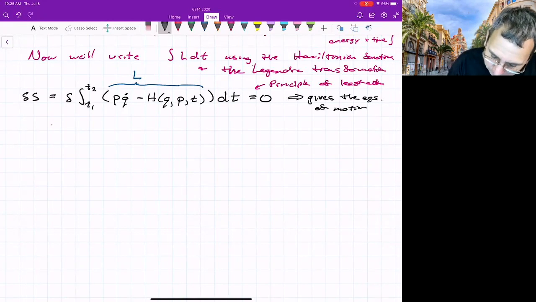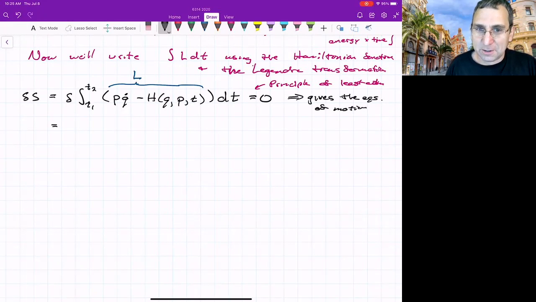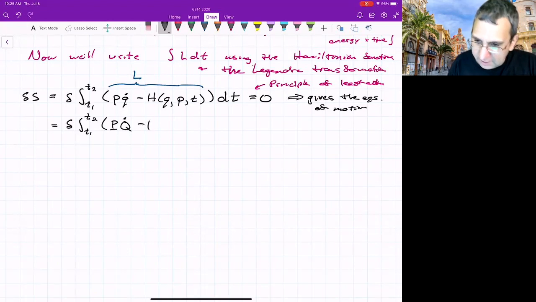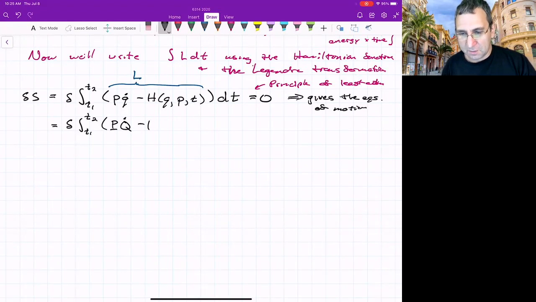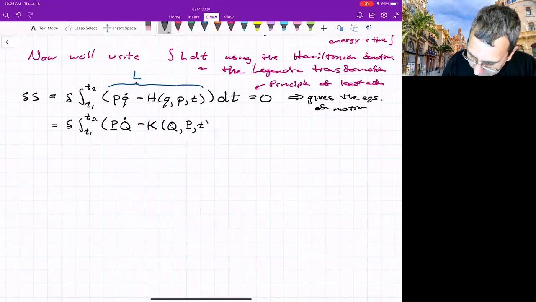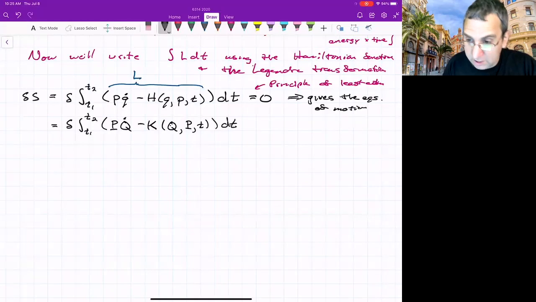And we could equivalently write this in terms of the big Q and whatever big P is. So there's big P, big Q dot minus, and I'm going to write the Hamiltonian as a function of the big Q and big P in time, not as H, but I'm going to call it capital K. I think before I may have called it H bar, but calling it capital K to match the notation of that book.